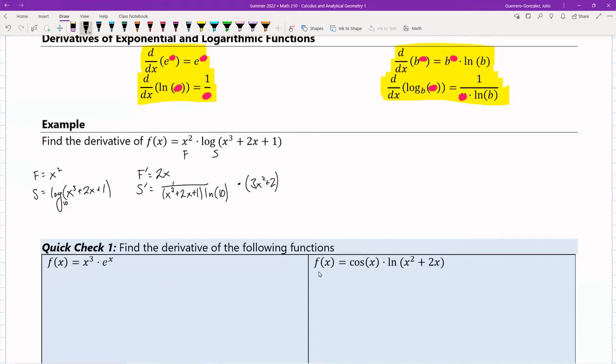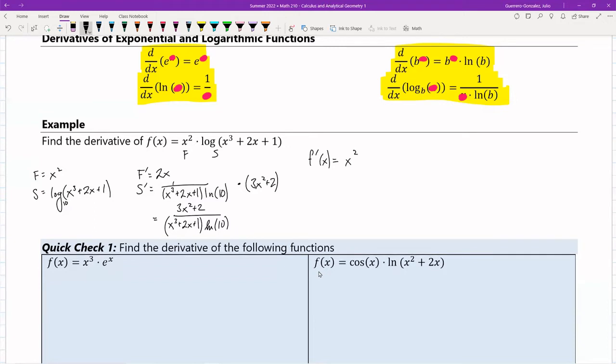Okay, so now I can clean this up a little bit. Let's go ahead and clean that up. So let's say 3x squared plus 2 over x cubed plus 2x plus 1 times ln of 10. Okay, now let's go ahead and find the derivative. In order to find the derivative, like I said, this is product rule. So f prime of x is the first times the derivative of the second.